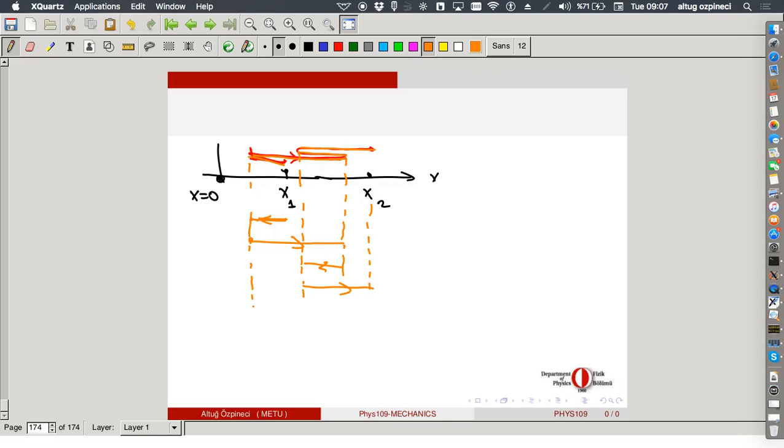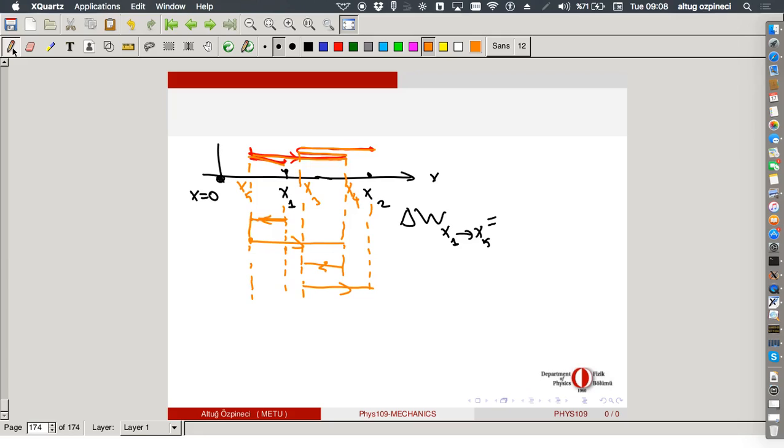Again, to obtain the total work done, I can just sum all these works together. So let me give the points some names. Let me call this point x3, this point x4, and this is x5. So as I go from x1 to x5, what is this work?